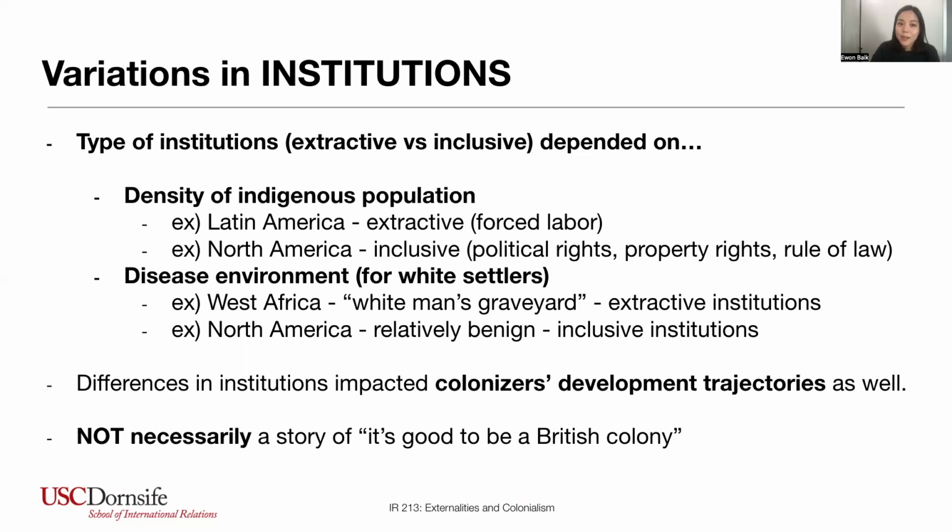Now, the authors also point out that institutional differences led to different results, not just for the colonies, but for the colonizers as well. So the discovery of colonies in the Americas, then in Asia and Africa, potentially helped to spur institutional and economic development, setting in motion some of the prerequisites for what was to become the Industrial Revolution, right?